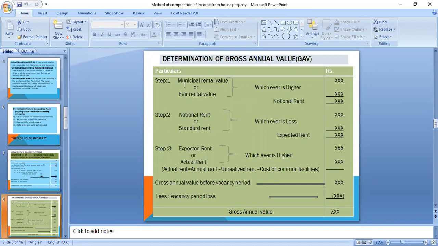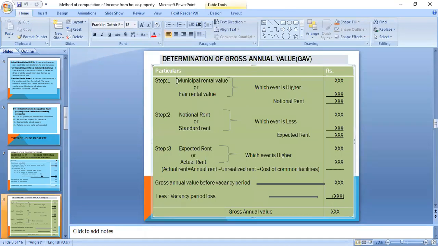So step 1, when you are calculating the GAV, first you should take the municipal rental value and the fair rental value. Suppose the municipal authority said 8,000 rupees in the example, but the fair rental value, the rent you would get in a similar locality, is 9,000.